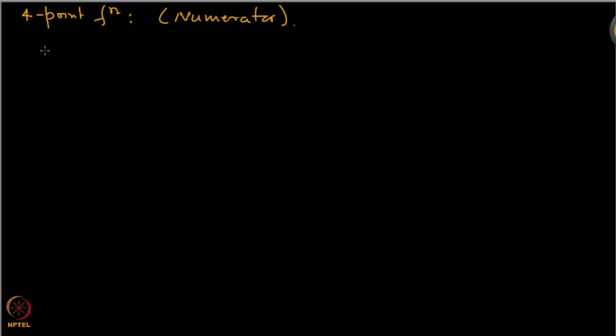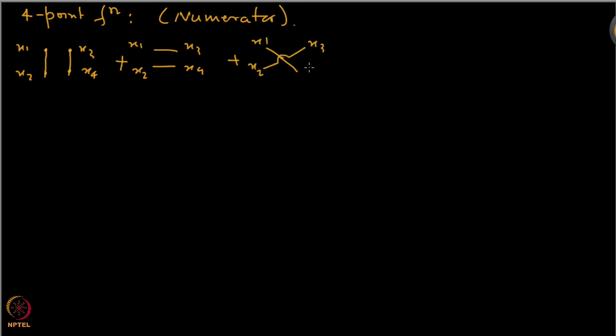So this is one possibility, plus you have another possibility like this, plus another possibility like this. These all are added. I think at order lambda to the 0, this is all.